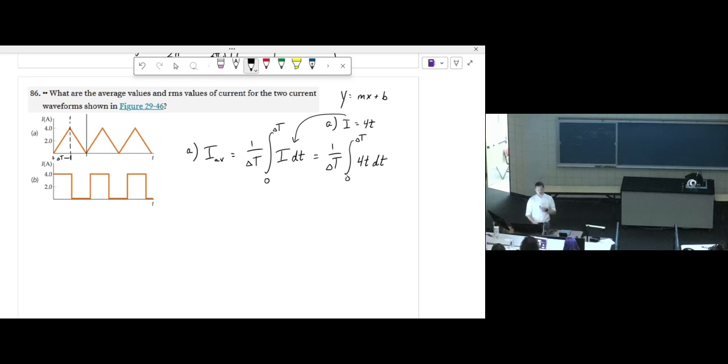Not exactly like a Cal 2 level integral, but an integral nonetheless. So that's 1 over delta t times 4t squared over 2, evaluated at 0 and delta t.